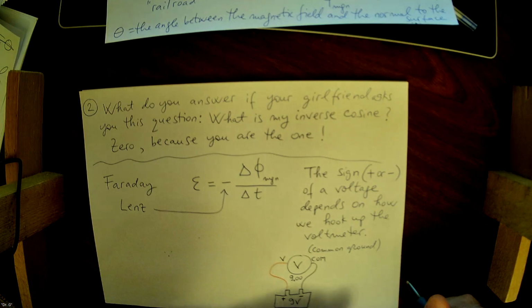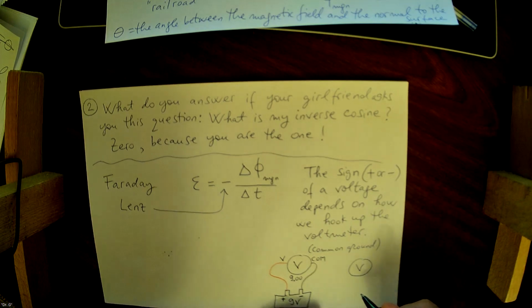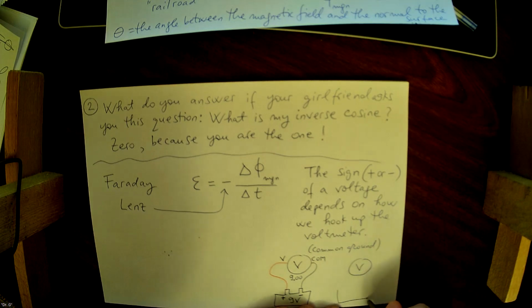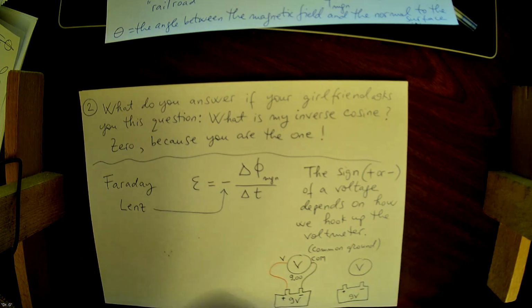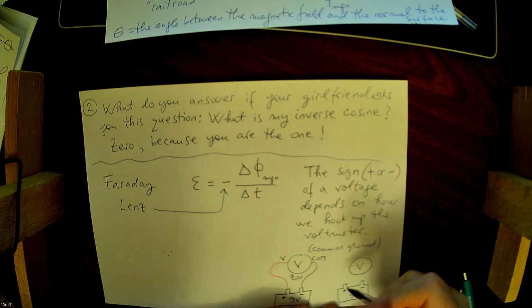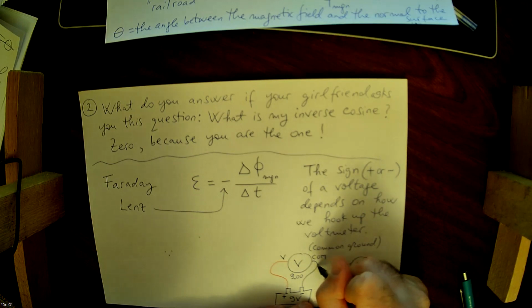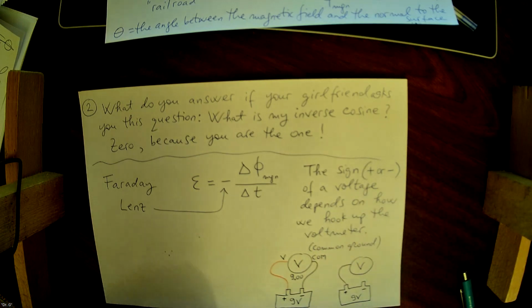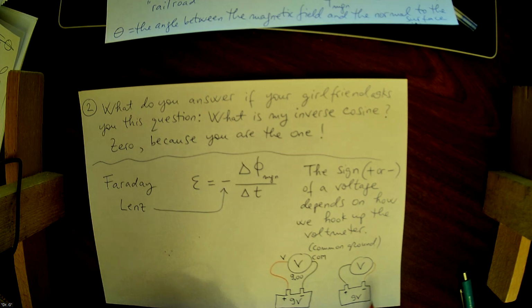But if you have the voltmeter and you hook up the black wire to the plus of the battery and the red wire to the minus of the battery, that means you swap the connections.